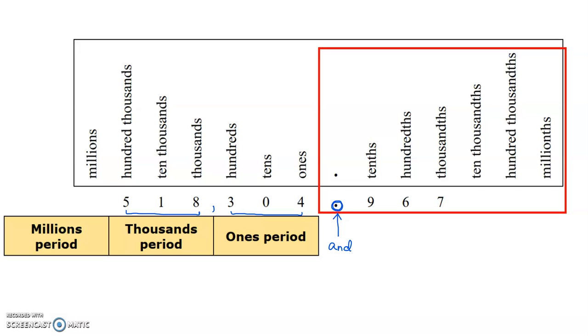But we don't read the decimal side in groupings of 3 like we do on the whole number side. What we do is we read the number similarly to the whole number side, but we only say the last place that it hits. So on this decimal side, we read these 3 digits together as 967, and then we say the word thousandths because the 7 is in the thousandths position.